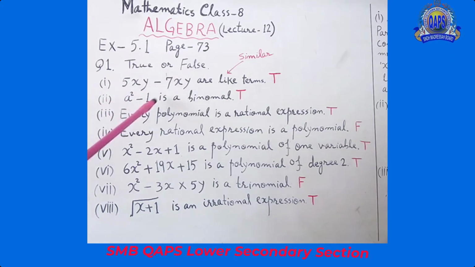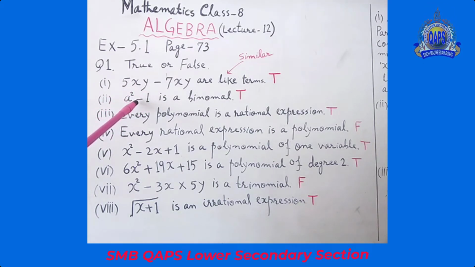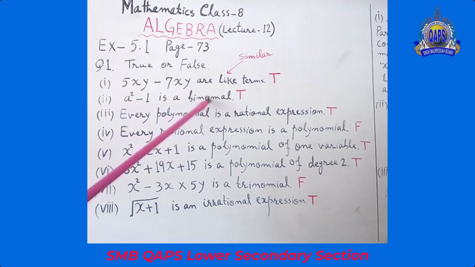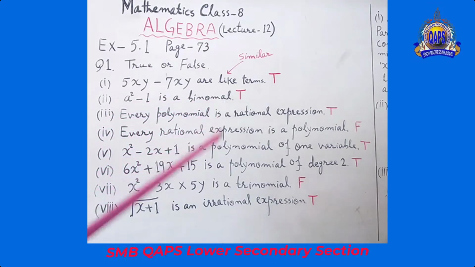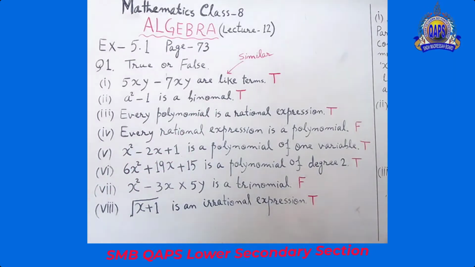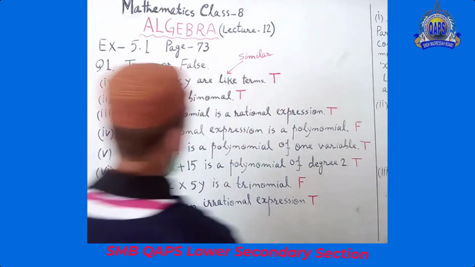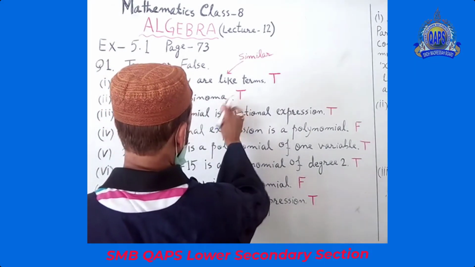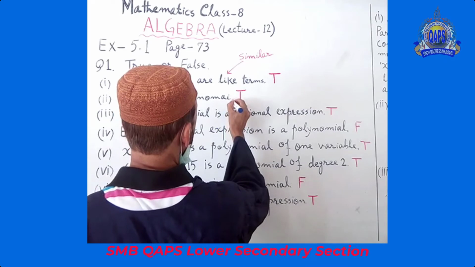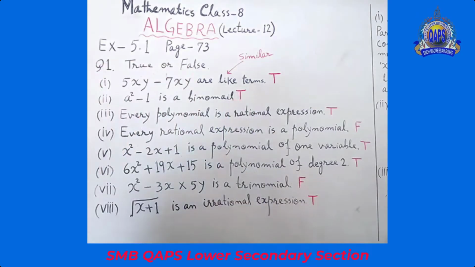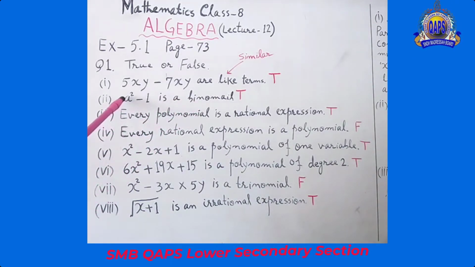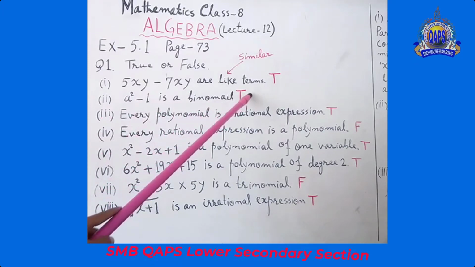So we have 2 terms over here. So if we have 2 terms, this is called binomial. Binomial means 2. So the answer is true.